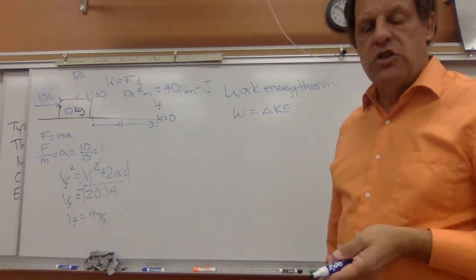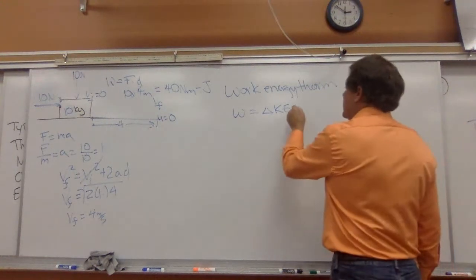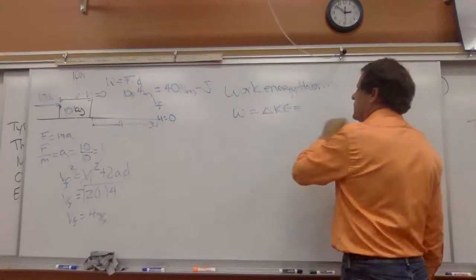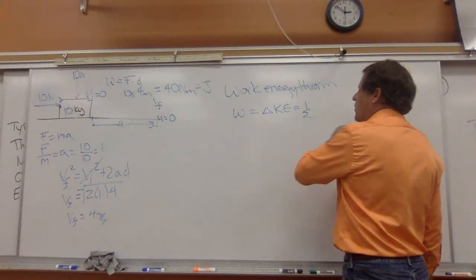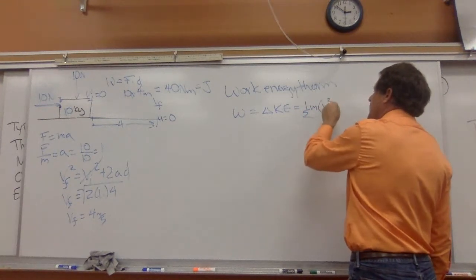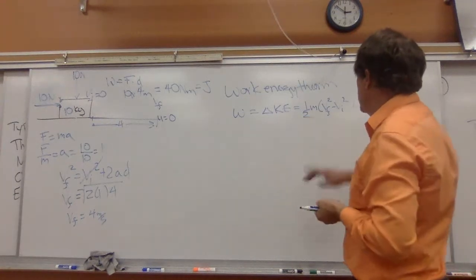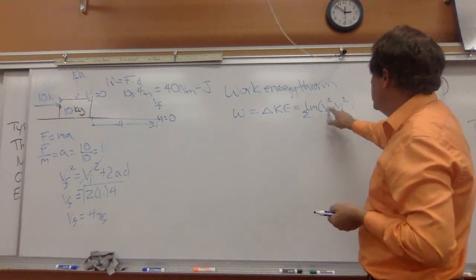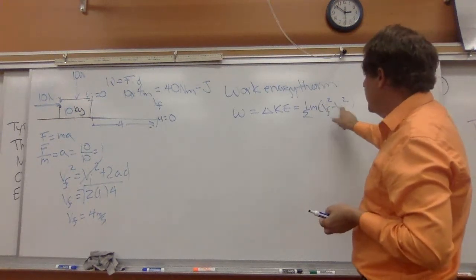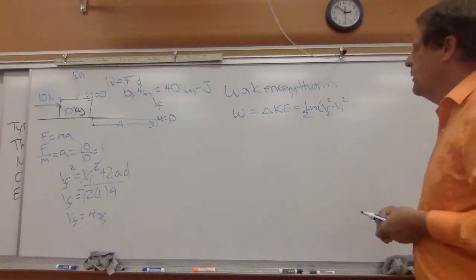Work is equal to the change in kinetic energy, okay? And that, in turn, is going to be equal to 1/2 m times v final squared minus v initial squared. So remember, change is equal to final minus initial, okay?